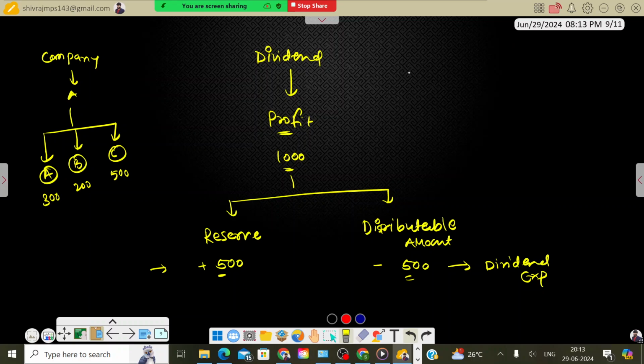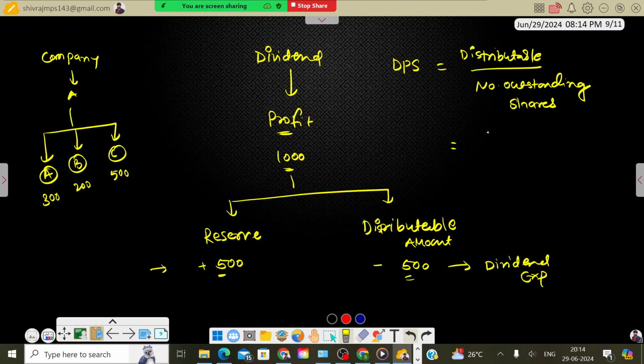So when we calculate dividend per share, DPS, it is your distributable amount divided by the number of outstanding shares.